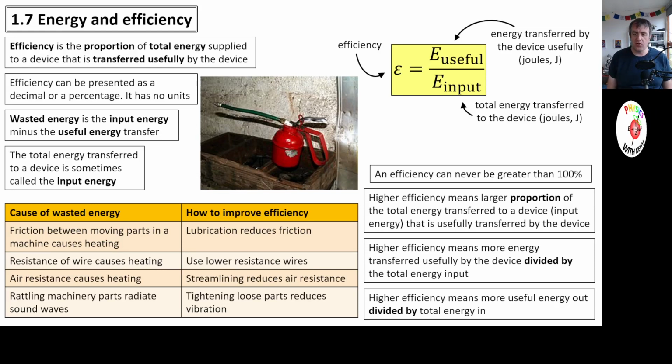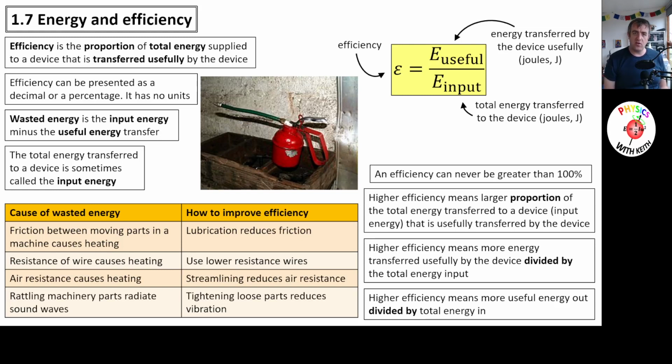And usually we want to improve the efficiency of whatever appliance or machine we are using. The top right shows the equation we use to calculate the efficiency of an appliance or of a machine or of a transducer. So we've got the bottom here, the energy that is input into our appliance, and the top is the energy that is transferred out of the appliance into a useful store.